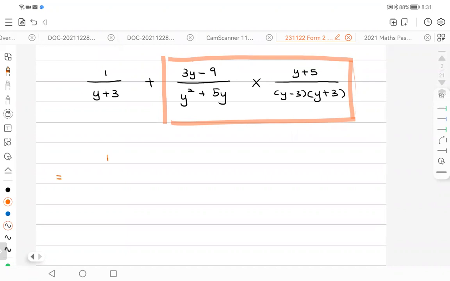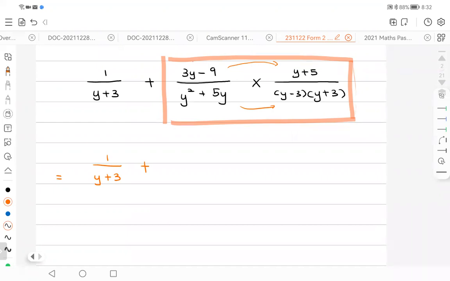Example here, 1 over y plus 3, then plus, at the back we have to simplify first. If you want to multiply directly, you can, but it will be complicated.